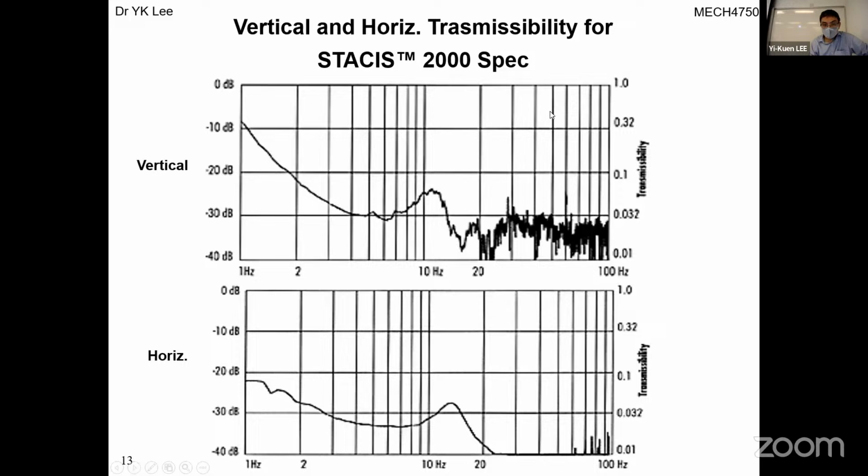Here is a phase response function from a real product. Because this is active vibration control, this is the vertical response and the horizontal response. Definitely, you can see it's very different from passive vibration control MCK systems.